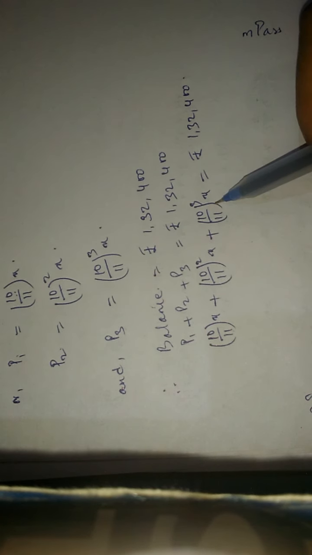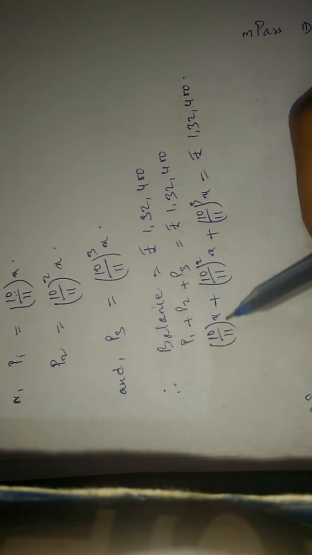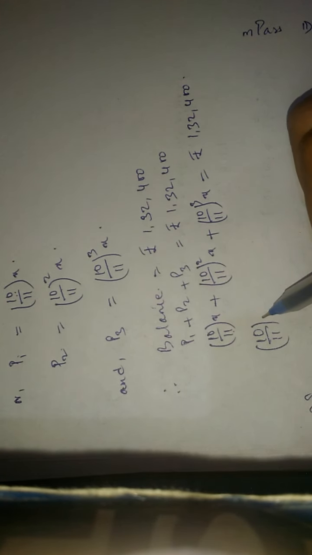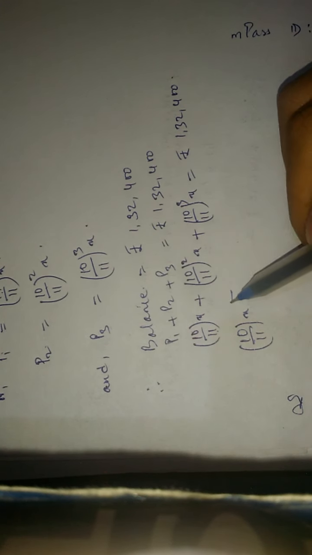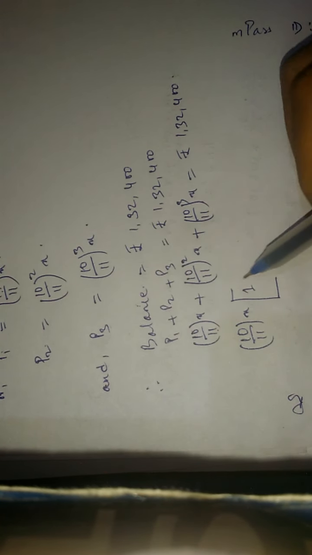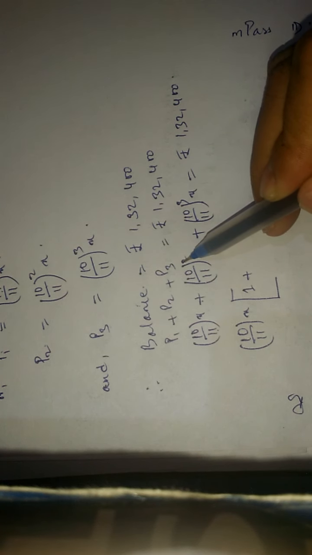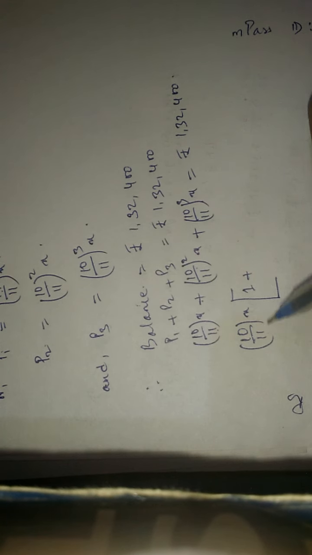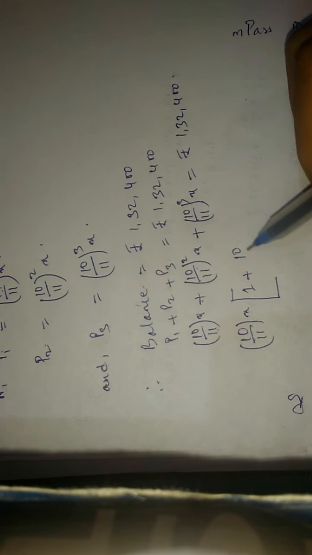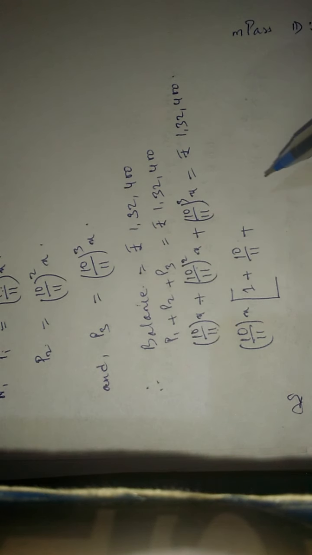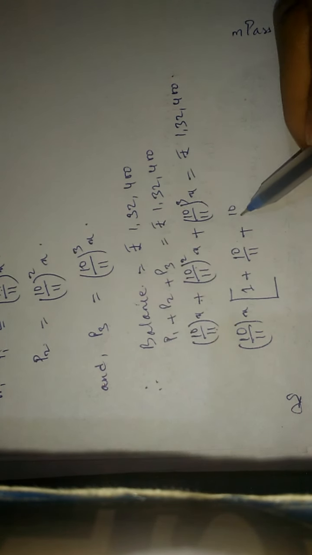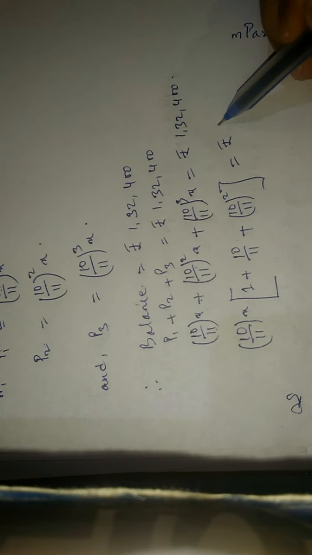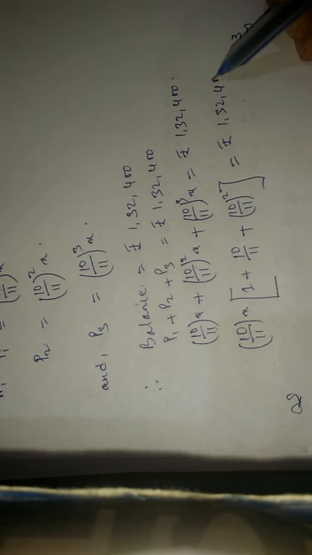The common factor will be the smallest one, 10 by 11 x. From the first term 1 will remain, from the second, 10 by 11 will remain, and from the third, 10 by 11 squared will remain.